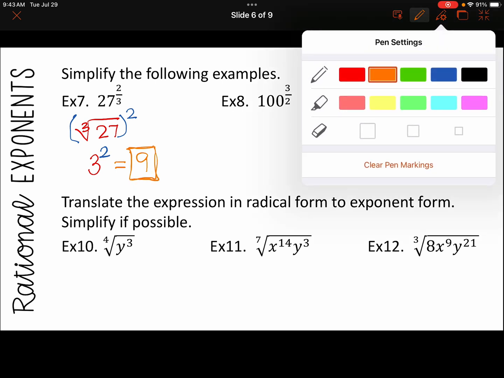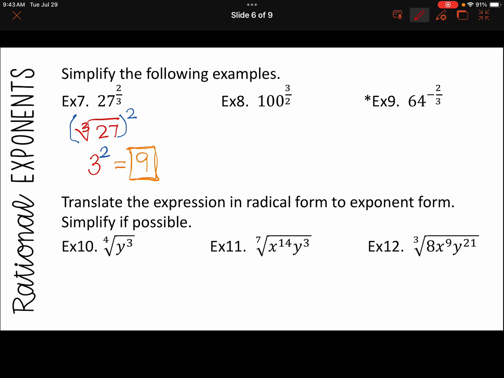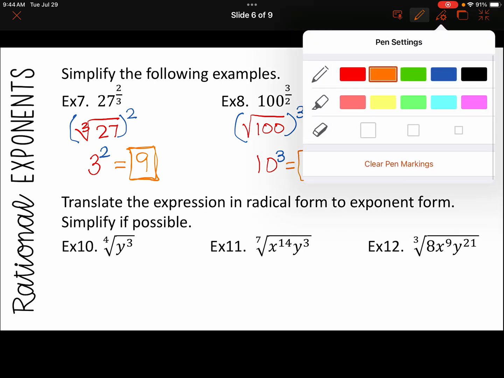All right, let's try the next one. This is saying take the square root of 100, and then we're going to take that to the third power. Well, the square root of 100 is 10, and then we've got to do 10 times 10 times 10, and 10 to the third power is 1,000. All right, let's try the next one.